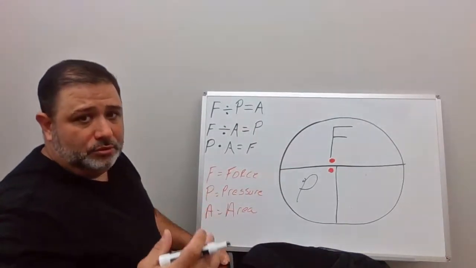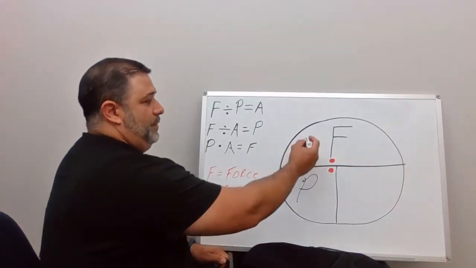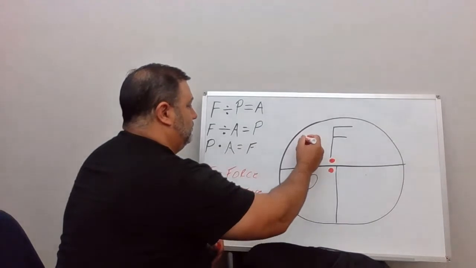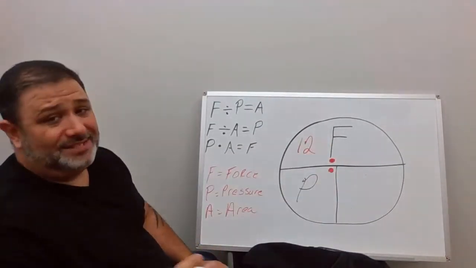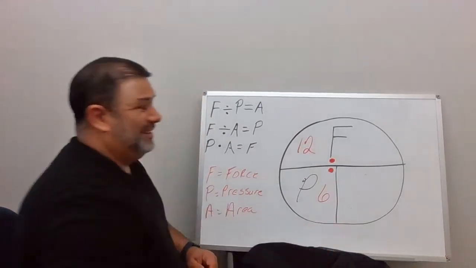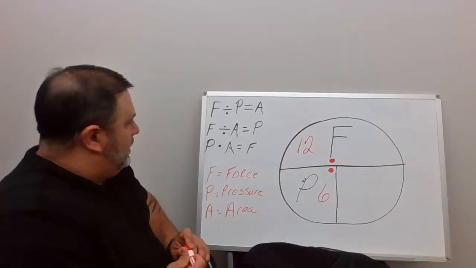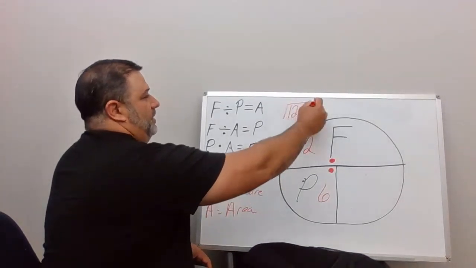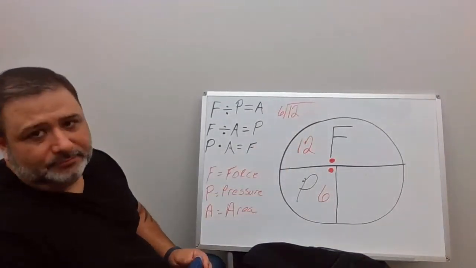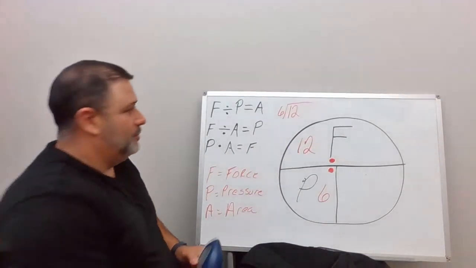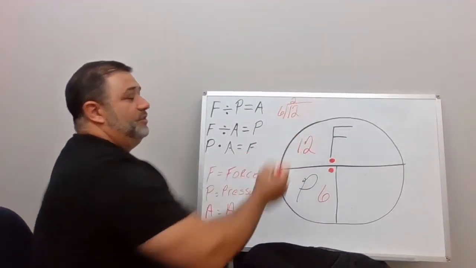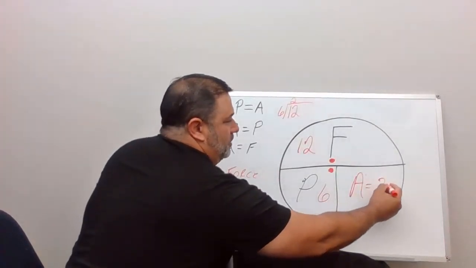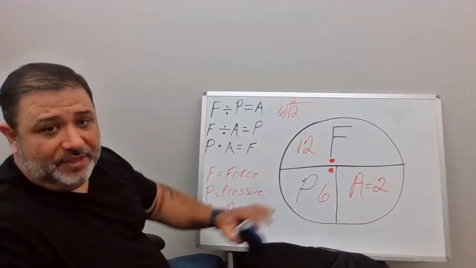So, just to verify this, we're going to say we have 12 pounds of force. We have 6 pounds of pressure. Let's make this a little bit easier here. So, we have 12 divided by 6. Okay, just to make it simple, we know 6 goes into 12 2 times. So our area equals 2. So that is our area.